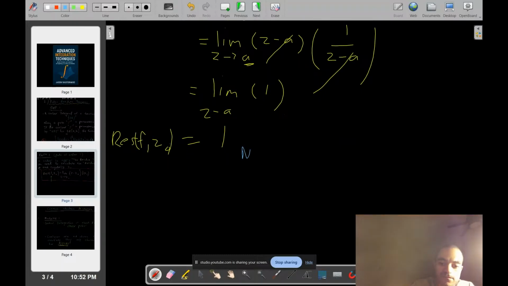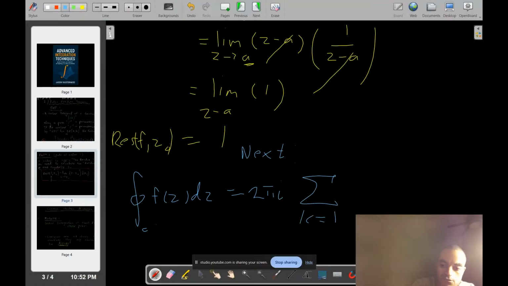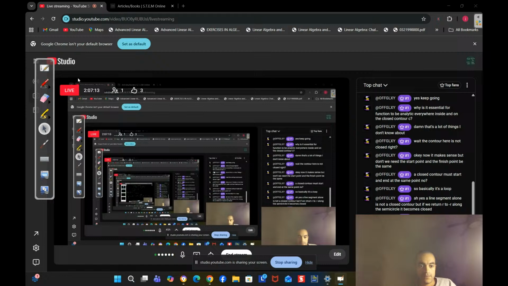So next, by the residue theorem, it states that the loop integral of f of z dz is equal to 2 pi I times summation from index k equals 1 to n of the residue of f comma z sub k. Okay. All right, you see what I mean?